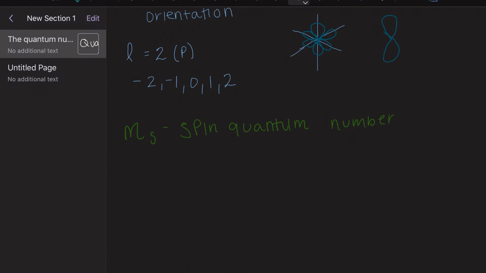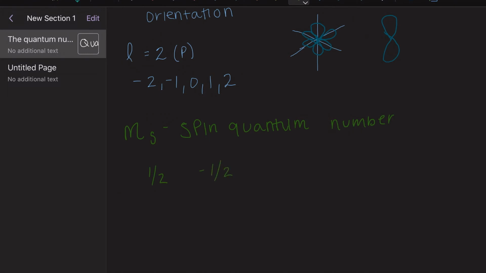Lastly, in describing orbitals, we use the spin quantum number. In each orbital, you can hold 2 electrons, and this is pretty complicated, but electrons have a spin. They're each spinning their own unique way. And in an orbital, each electron spins in an opposite way. So your possible m sub s values are 1/2 or negative 1/2.